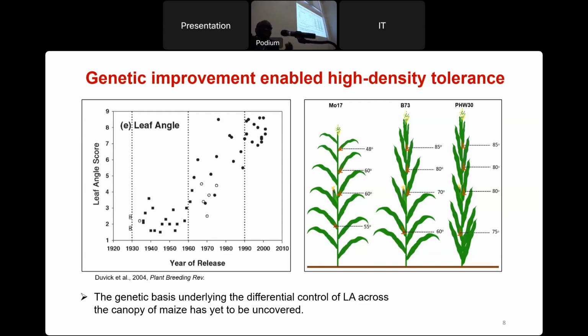So given the importance of leaf angle in the adaptation to increased plant density, where we are able to get with the upright leaves a deeper penetration of solar radiation within the canopy, we think it is also important to ask another question instead of just focusing on, let's say, an average of the canopy or looking at only one leaf of the whole canopy.